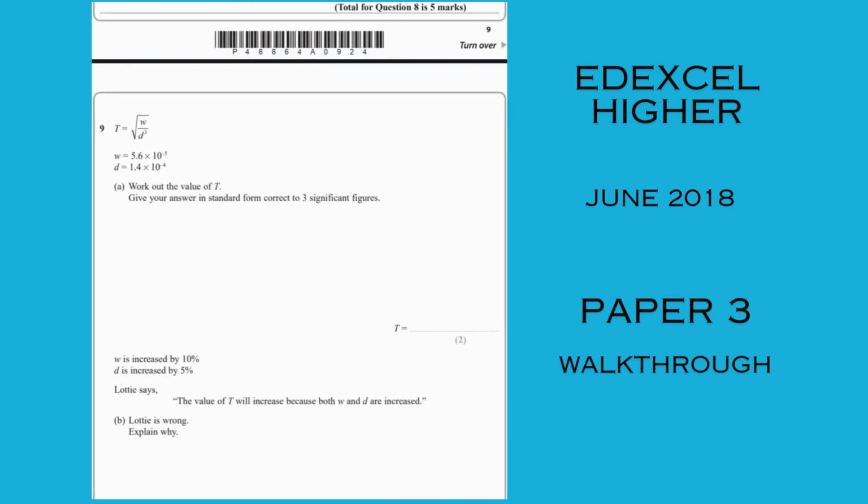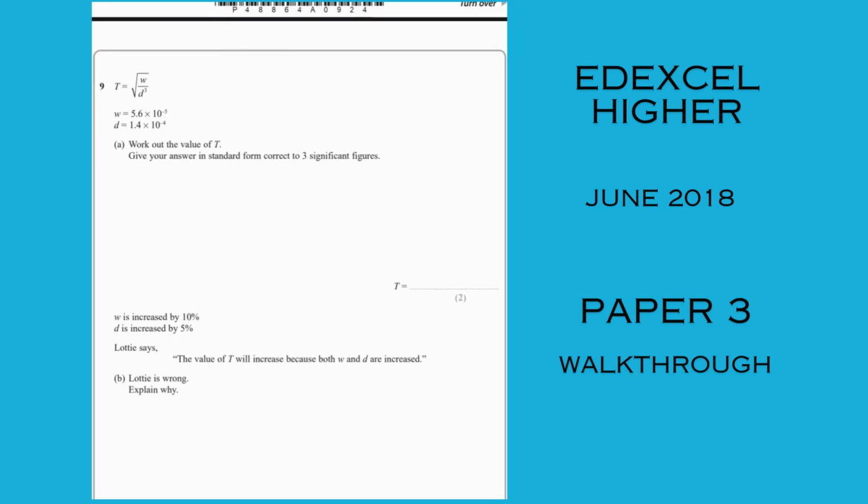Number 9. So this is one of those standard formy questions where you just need to stick it all in your calc. Use brackets as appropriate, as long as you get the answer of 517.5, etc. Now we don't care about the etc. because it only wants the answer to 3 significant figures.